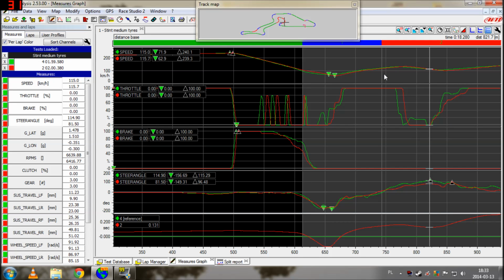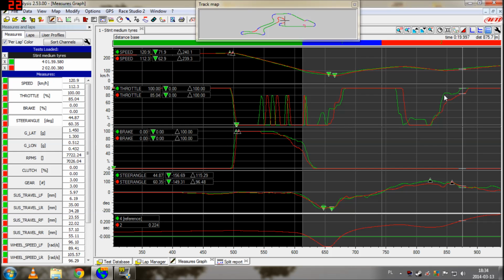And then again I start applying the throttle, and what happens? I start applying roughly at the same place. The difference isn't huge, but I apply the throttle quicker on the green lap, and then again something I should avoid.